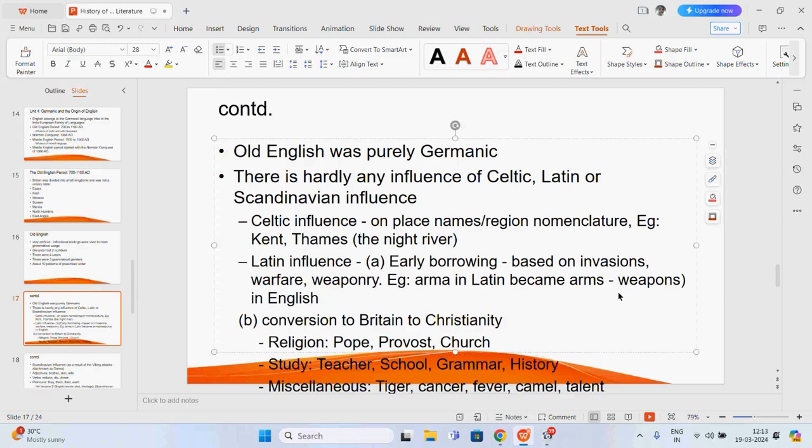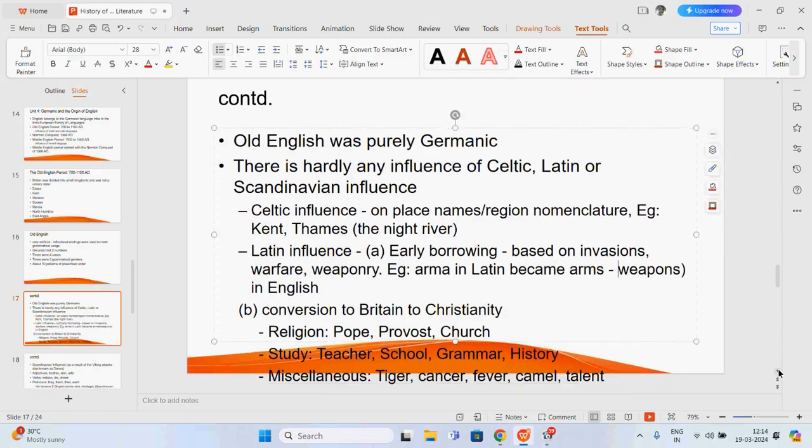Then the second part of the Latin influence can be discussed with reference to the conversion of Britain to Christianity. As Christianity began to spread into Britain, various terms from the Christian religion began to be included into the English language.